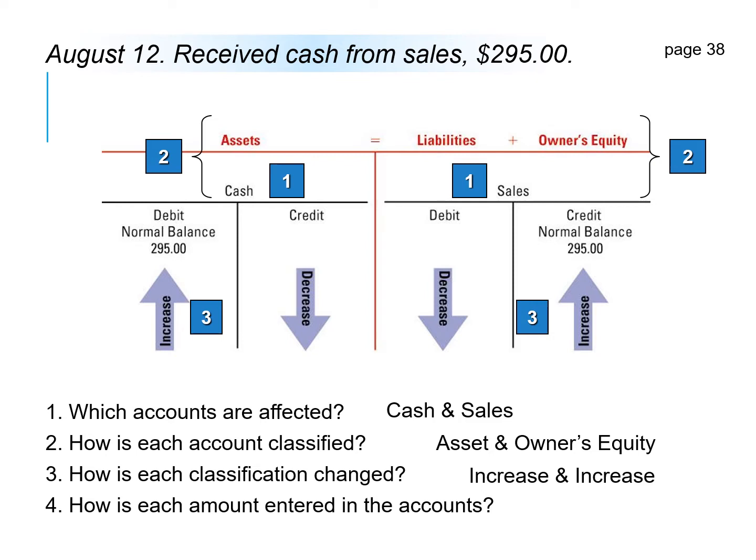How is each amount entered? Since we are increasing cash, we know that cash increases on the debit side. We are increasing sales, which is effect on owner's equity is to increase on the credit side. So we have a debit and a credit. Thus, our accounting equation is in balance.